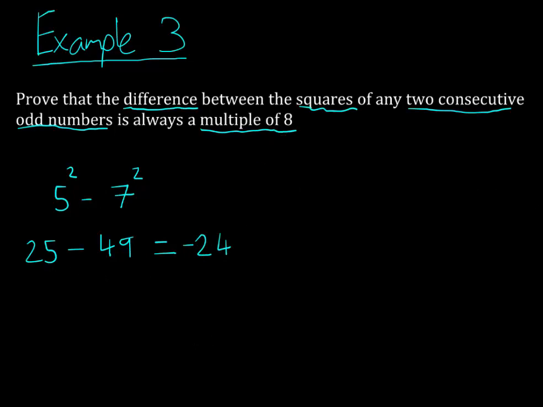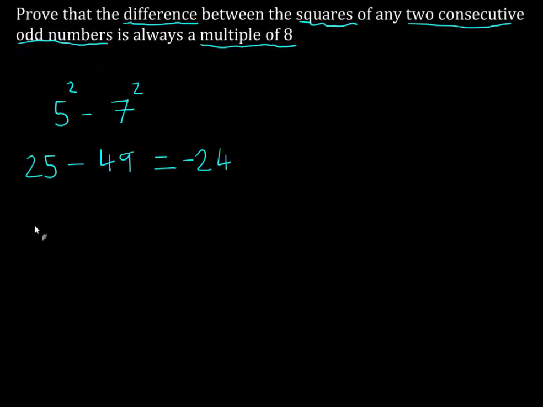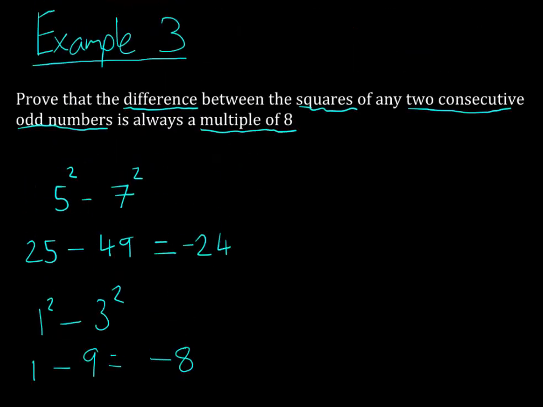And we could try it with another one. Let's do 1 squared minus 3 squared. So that's 1 minus 9, which is minus 8. Obviously, you could do this the other way around and you end up with positives, but you see that it will make a multiple of 8.